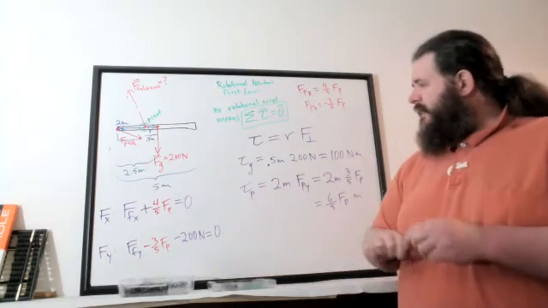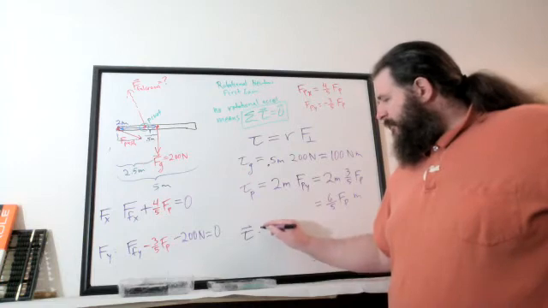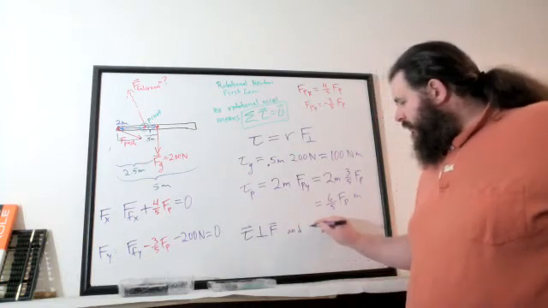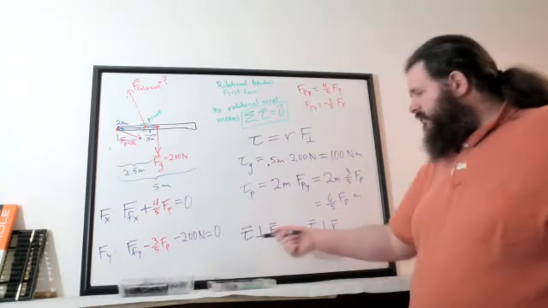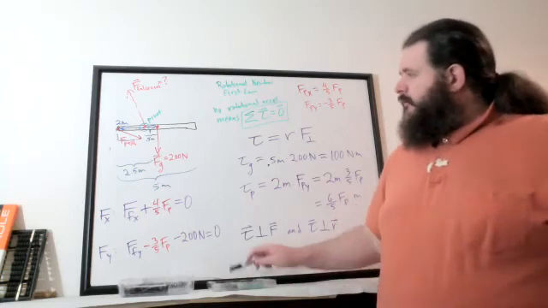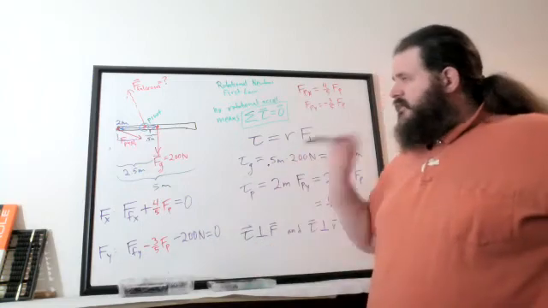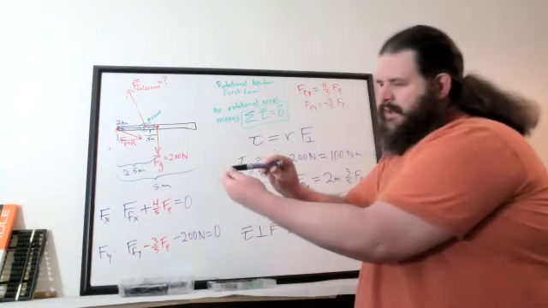Another thing to keep in mind is that by definition, the torque vector is going to be perpendicular to the force that causes it. And also the torque vector is going to be perpendicular to the radius vector. This is just part of the definition of torque. So if you have, for instance, let's say we're talking about the force of the push. The radius is to the left. The push is down and to the right.